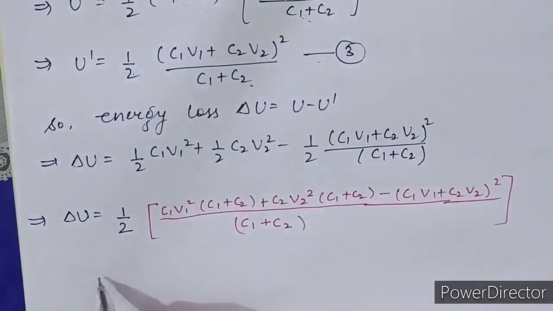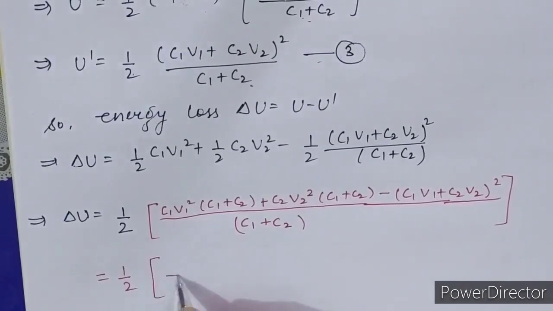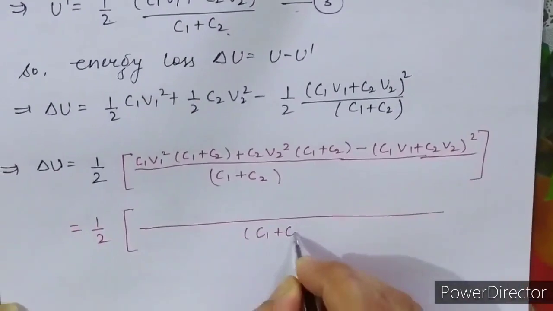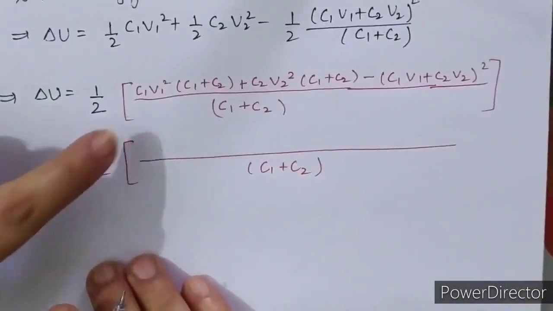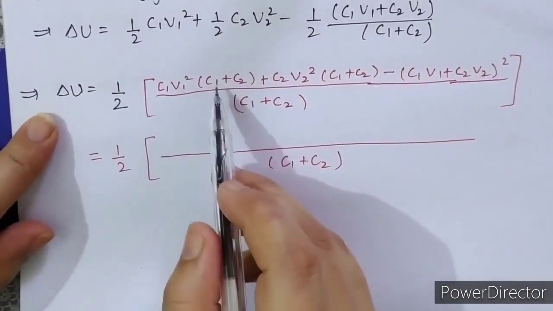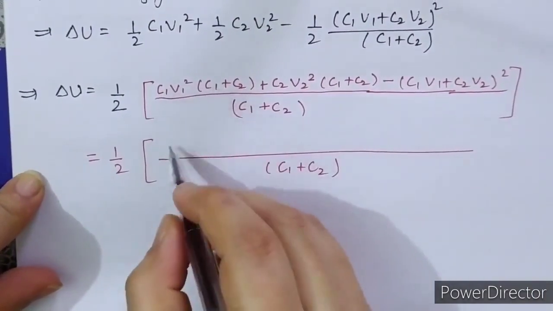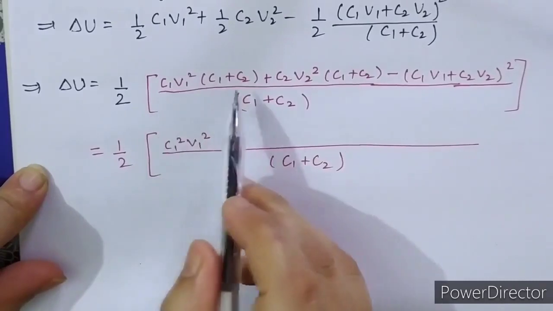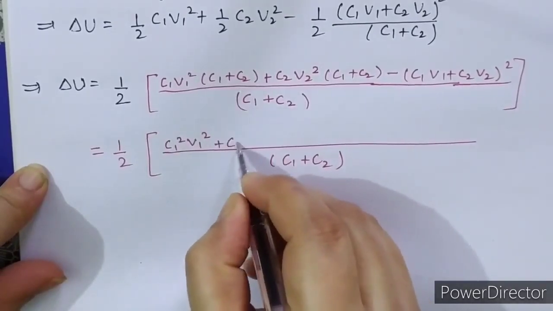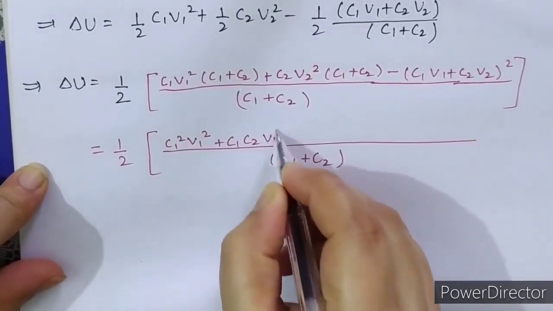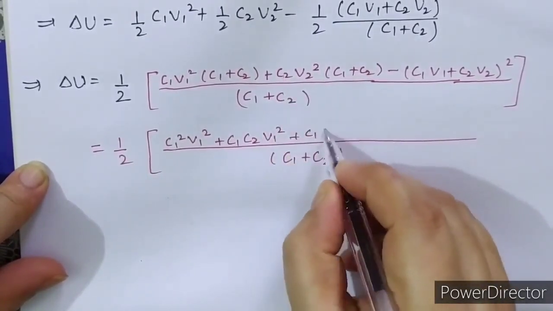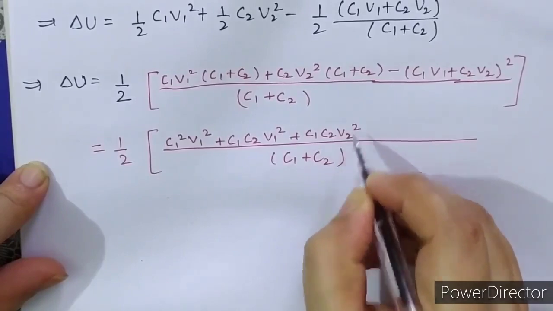Now solve the bracket, over C1 plus C2. Now solve this. C1 into C1, C1 square V1 square. C1 C2 V1 square. C1 C2 V2 square.